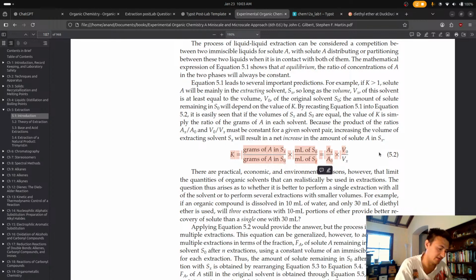So then the grams of A in Sx is going to be equal to X, which is 10 thirds grams, about 3.3 grams. That makes sense. So you still lose a lot, but I don't know what the K's are actually going to be.